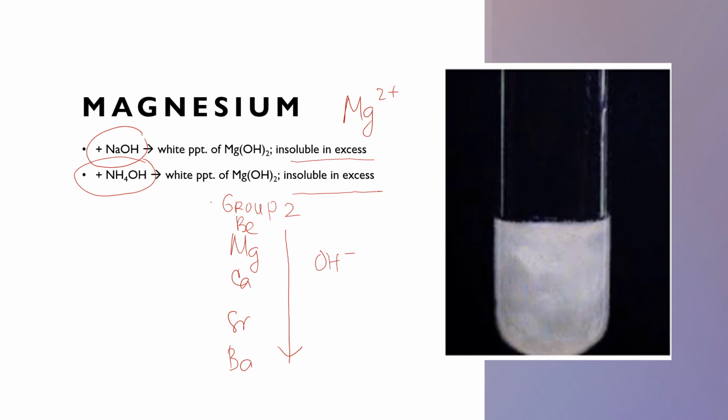So Ca(OH)2 is more soluble in water than Mg(OH)2. So, for Mg2+, there is no problem when we add ammonium hydroxide. Still, white PPT of Mg(OH)2 forms.